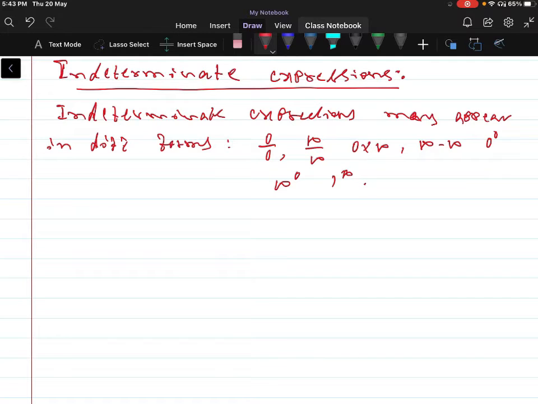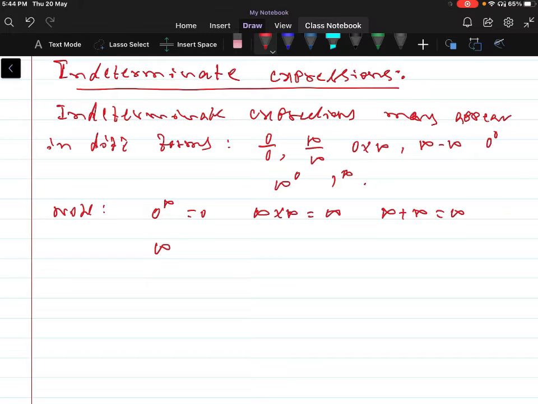So let us take a note here. 0 power infinity is equal to 0, it is not an indeterminate form. Similarly, infinity into infinity is equal to infinity, which is not an indeterminate form. Infinity plus infinity is equal to infinity, which is not an indeterminate form.